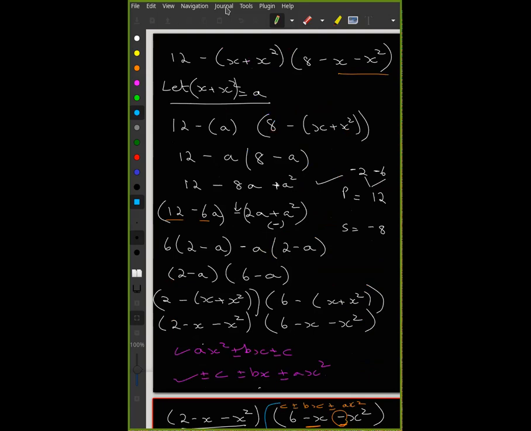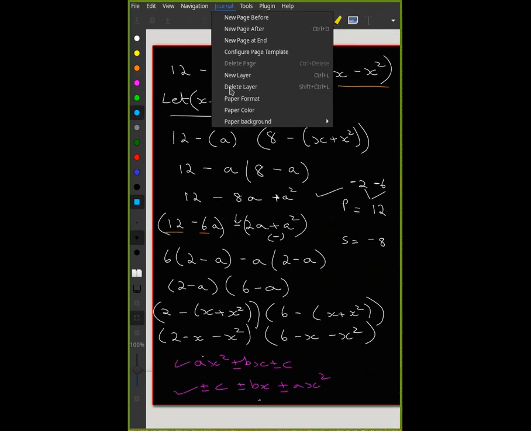Vishwa, just look at this now. For example, let's take another factorization. x squared plus 5x plus 6. Here the product is 6, sum is 5. So we know the factors will be 3 and 2.